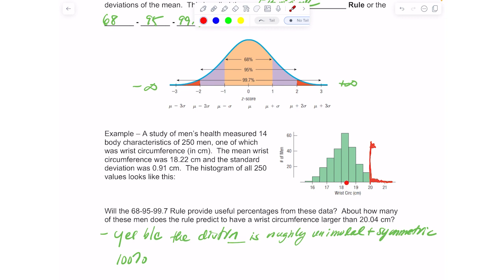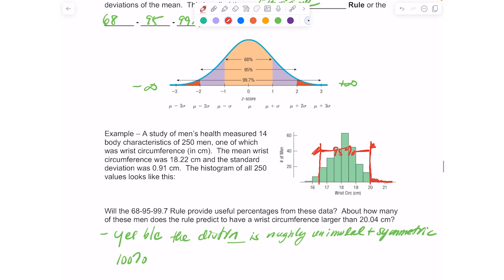If I go roughly 2 standard deviations to the right and 2 standard deviations to the left, if I count 1, 2, 3, that's about 2 standard deviations over, and then 1, 2, 3, that's another 2. So if I have another flag here, I know that from one flag to the other, it's 95% of the data.